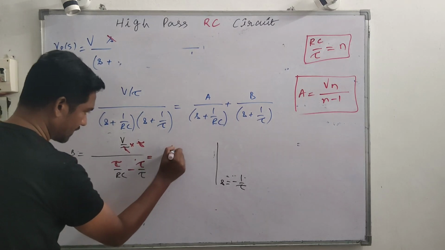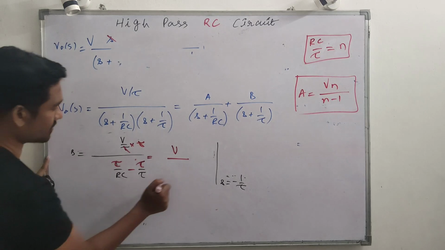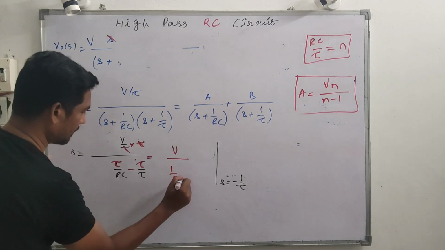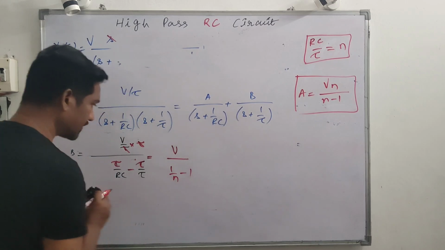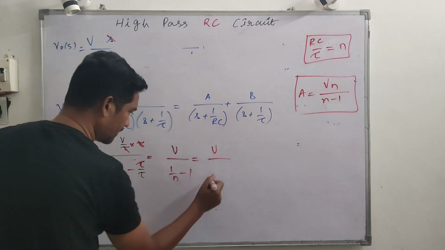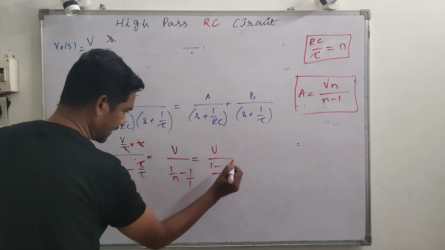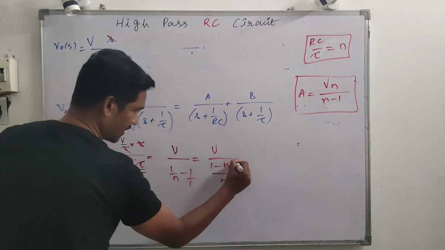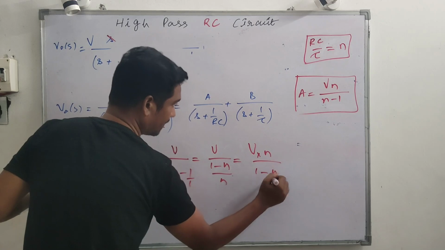And this is v upon, what is it, guys? Once again it's 1 upon n minus 1. Further simplifying, nothing changed with the v. Cross multiplying, we have v into n upon 1 minus n.